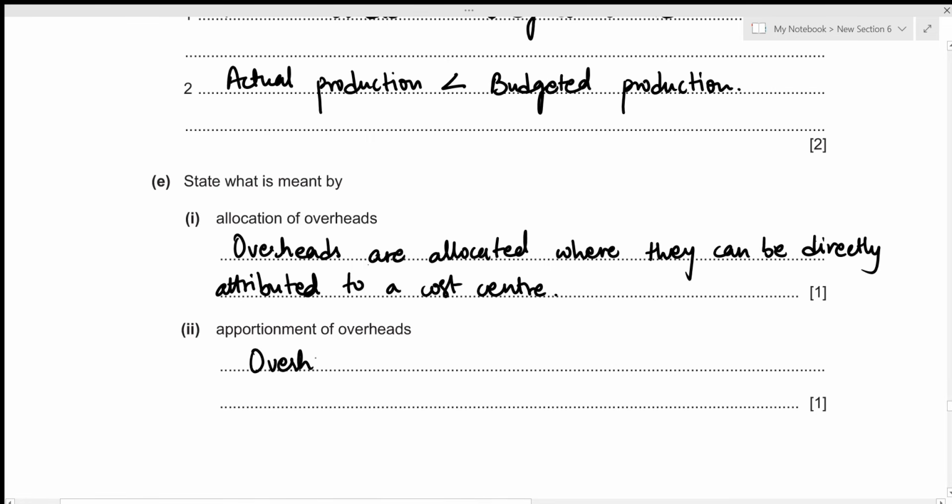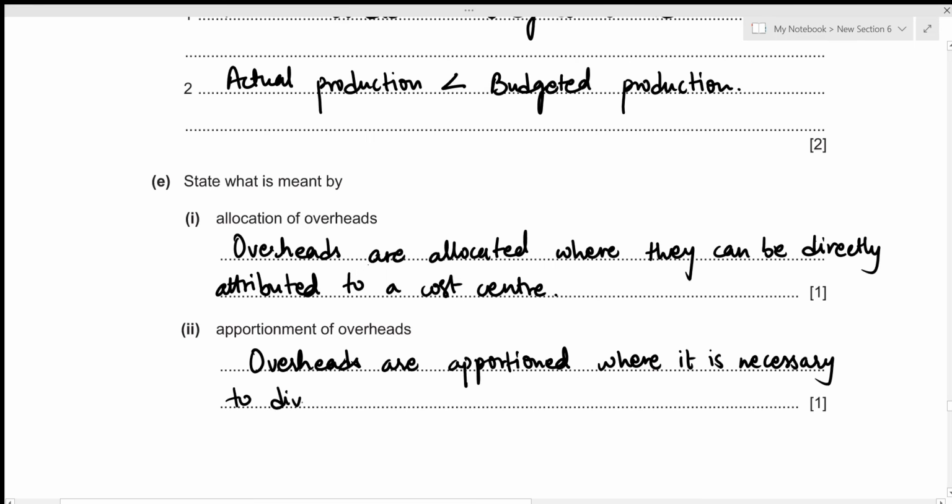Overheads are apportioned where it is necessary to divide costs between cost centers on some appropriate basis.